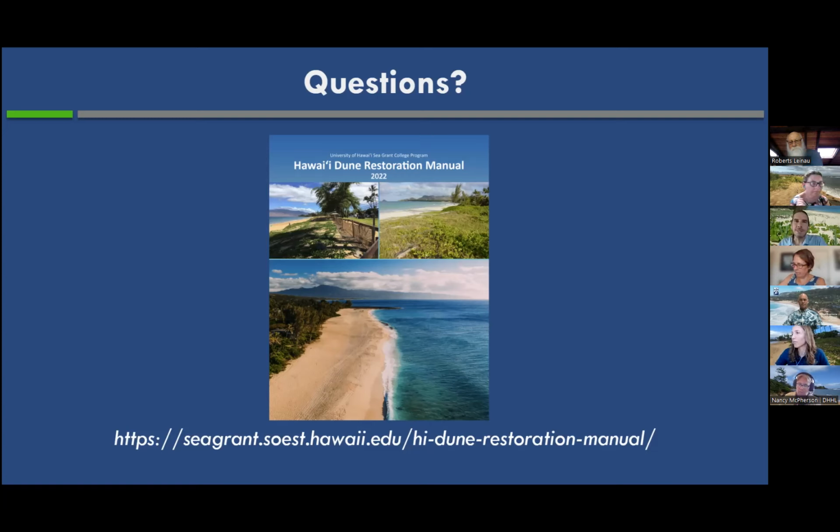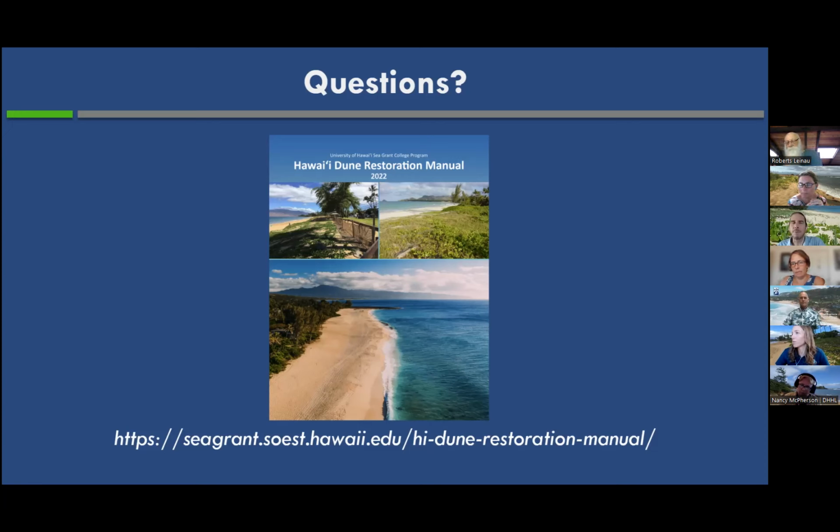Nancy, just to add to that, I really appreciate the question. You highlight the fact that it's not a one size fits all situation for dune restoration. It was really difficult when developing this manual to give general guidance, because while it may be appropriate to remove sand from a stream mouth plug in one place on one island, I don't want to imply that that's always the case. We do recognize that this is a bit of a knowledge gap.